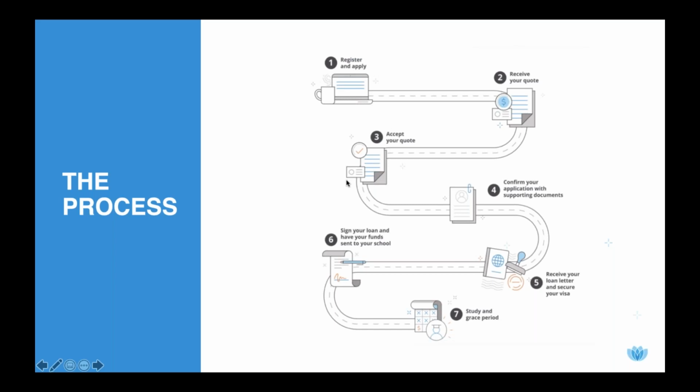The 4th thing that we look for is a credit report. Now, we don't look for a credit score. We are looking for a credit report. The reason is this loan is based completely on your merit of getting into a top 100 school around the world, 1. 2, there's no collateral or co-signer. So we just want to verify and see if you are a trustworthy borrower to lend to, because that's a risk appetite, right?